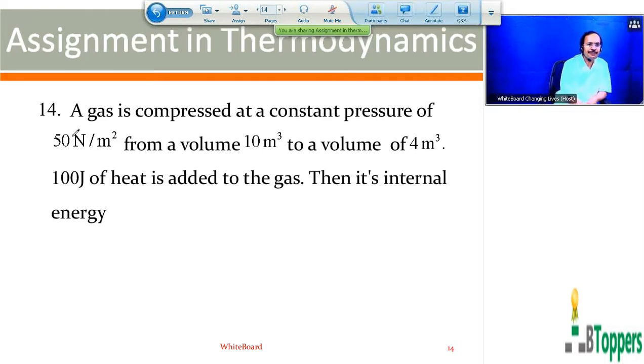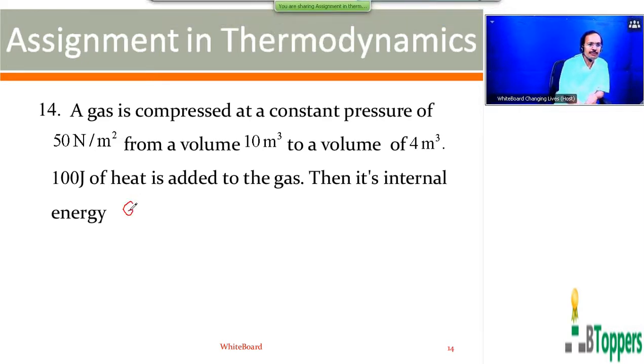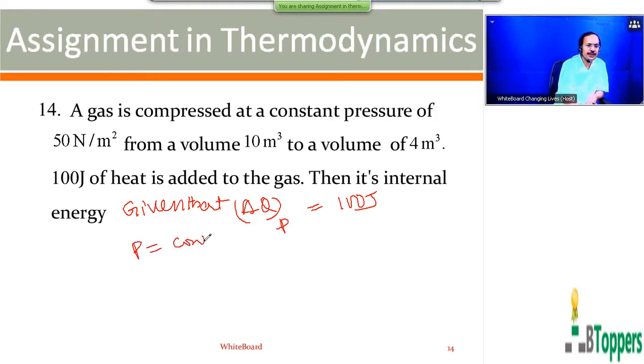So it's given that the heat energy absorbed by the gas is 100 joules at constant pressure. The pressure of the gas is constant and is given to be equal to 50 Newton per meter square.